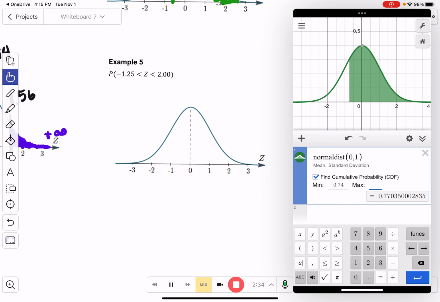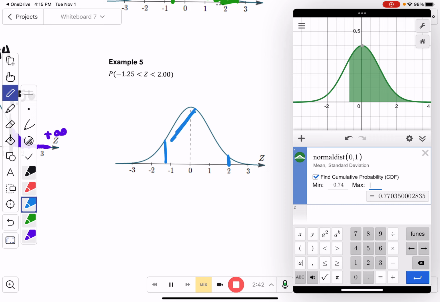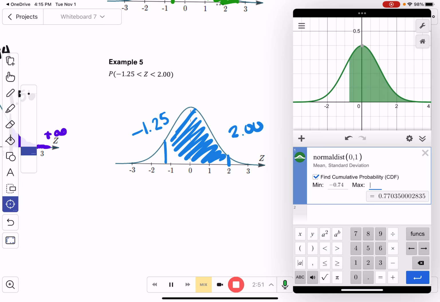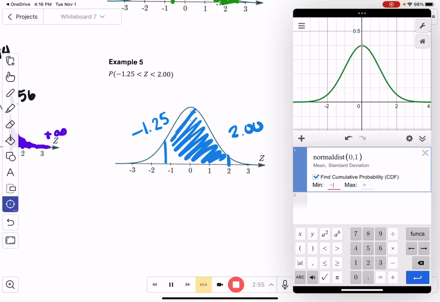And then this last one, look where we're going from. We have two z-scores. We're going to go from negative 1.25, which is about here, up to positive 2, which is here. So this time you're bounded by negative 1.25 and positive 2. Your lower bound starts here, your shading starts at negative 1.25, and your upper bound, the shading stops at 2.00.